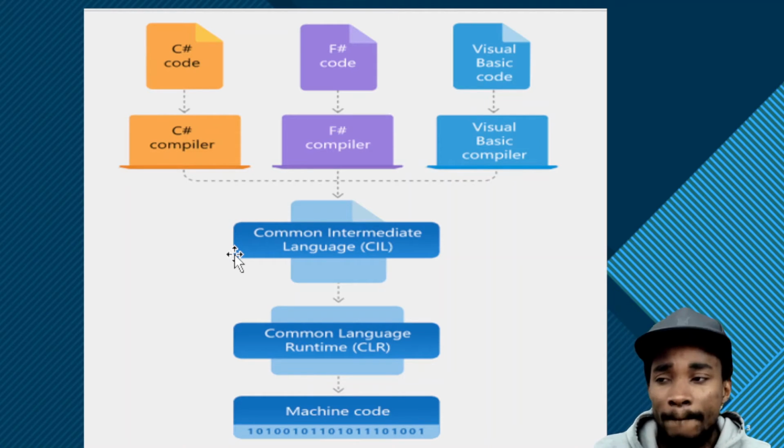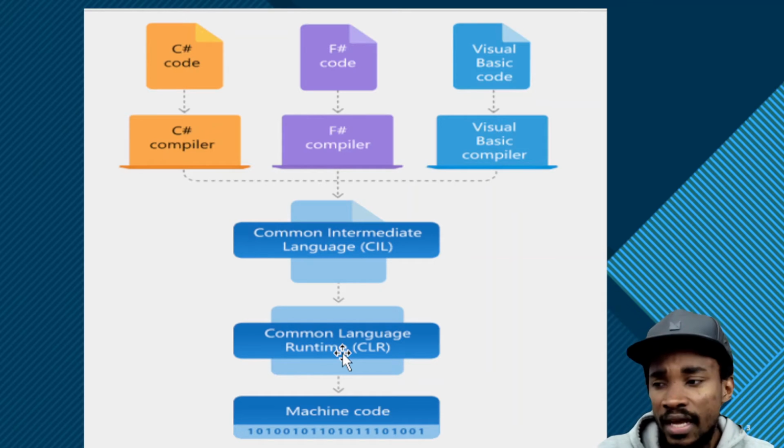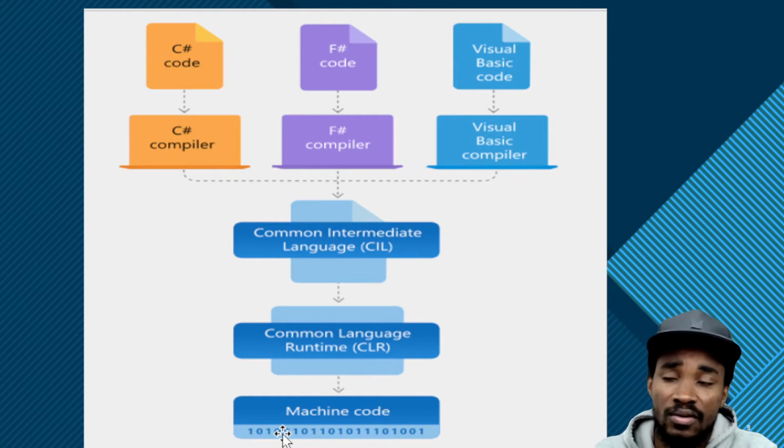And then when you run that compiled DLL, the common language runtime uses JIT, the just-in-time compiler, to compile the code you've got into machine code, which is ones and zeros.